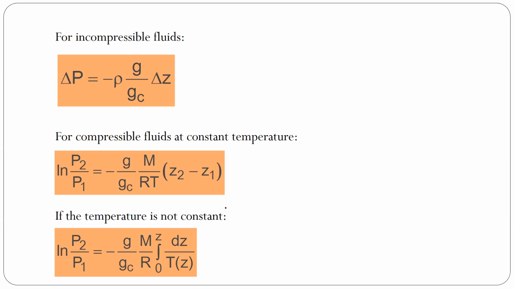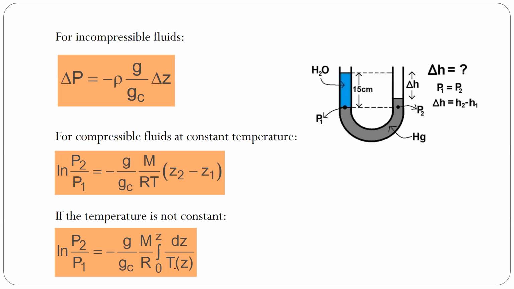Anyway, so the first equation, again, is for incompressible fluids. You can use that equation in problems such as how to get the pressure if you have, let's say, a U-tube manometer, given the elevation of the fluid. So you just have to incorporate the delta z or the delta h.